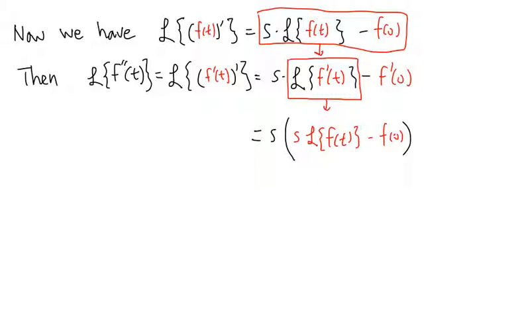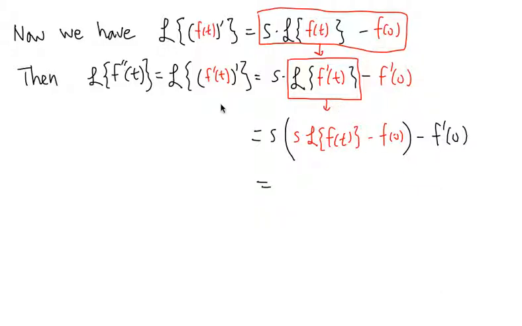Then on the very outside, we still have minus f prime of 0. Okay, so this is how we can reduce the Laplace transform of the second derivative into the Laplace of the original. And of course, we have a parenthesis and an s on the outside.